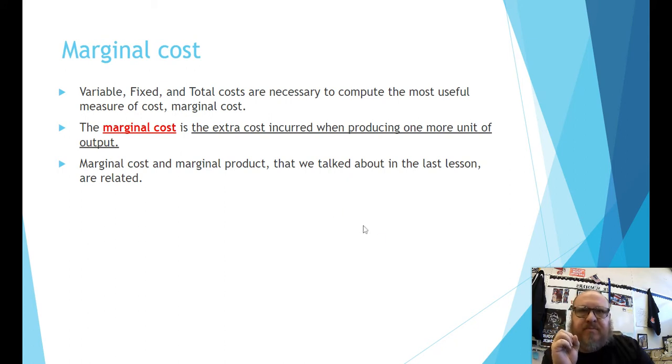Okay, so marginal cost helps companies understand how much more it's going to cost them to produce more. And when they reach that stage 3, remember, of diminishing returns, okay, returns can happen in cost and profit maximization as well. So we'll get to that in a little bit.